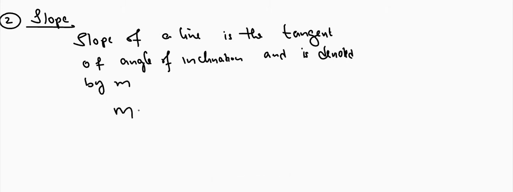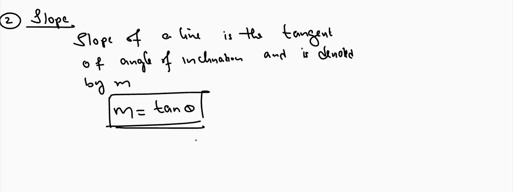We know that if the angle of inclination is theta, then slope m is equal to tan theta.